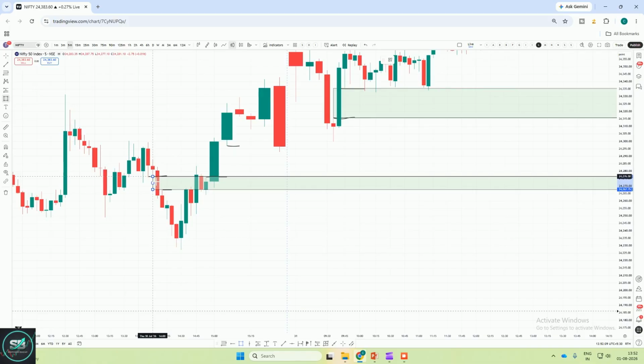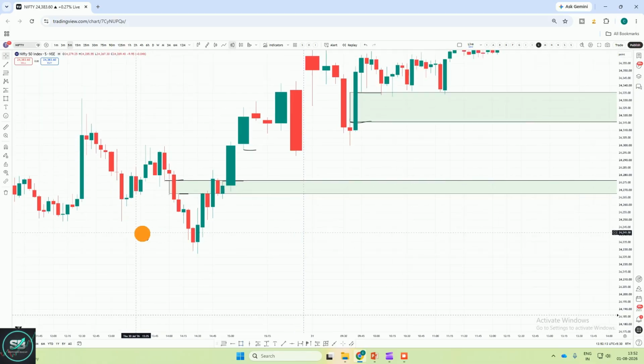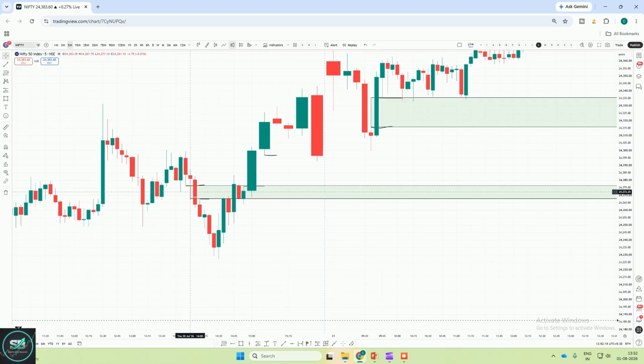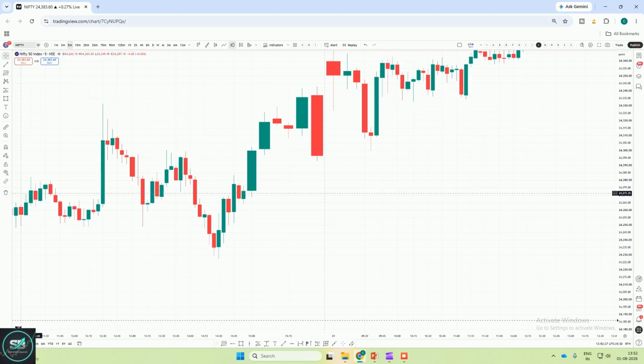So here we can draw FVG. Likewise, wherever you have gaps between the first candle and the third candle, those gaps you can mark as an FVG. So this is what FVG is all about, how to identify an FVG.